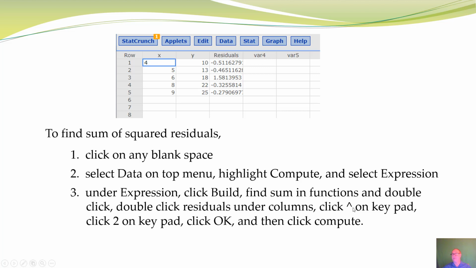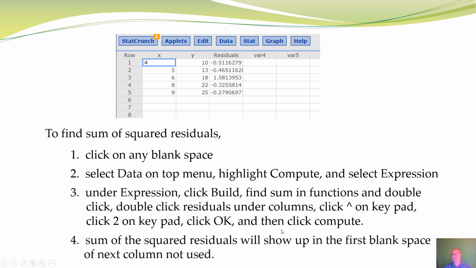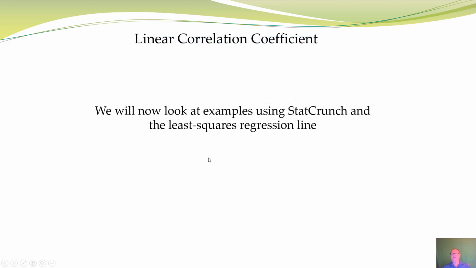Click the up arrow on the keypad, or the caret, sometimes referred to, and click 2 on the keypad. Click OK, and then click Compute. And your sum of the squared residuals will show up in the first blank space of the next column not used. So it will show up right here in variable 4, first space. Okay, let's look at using StatCrunch.